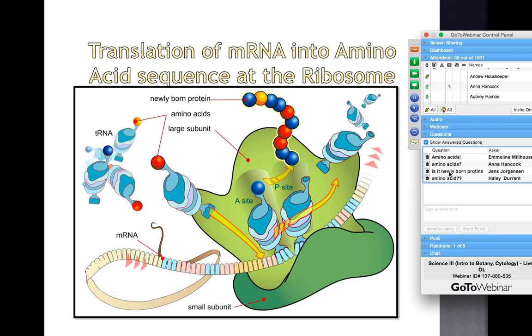Emily, Anna, James, Haley, they all were saying, yeah, amino acids. So yes, they are all amino acids, and there are 22 different types of amino acids. And the type of amino acid that a particular molecule of tRNA accepts matches a particular set of nucleic bases here at the bottom of the molecule.